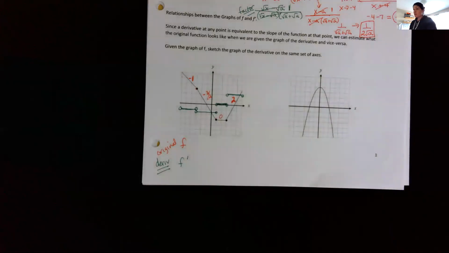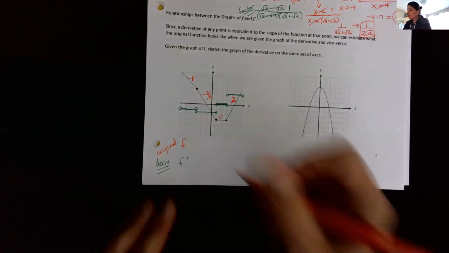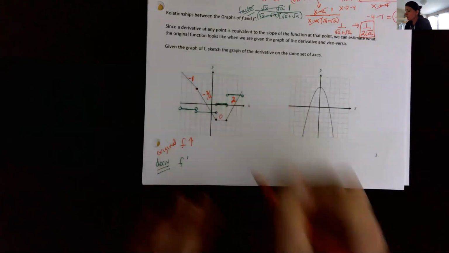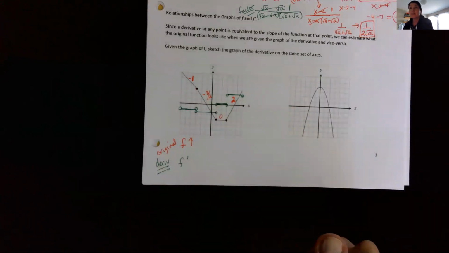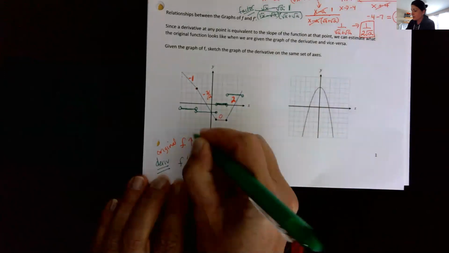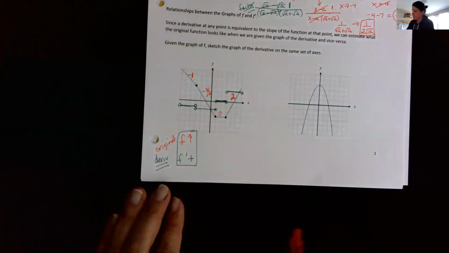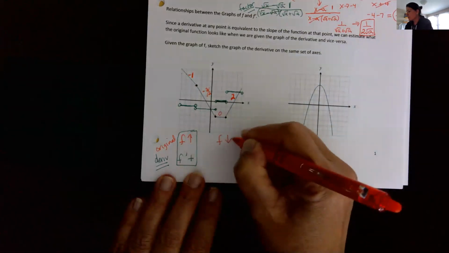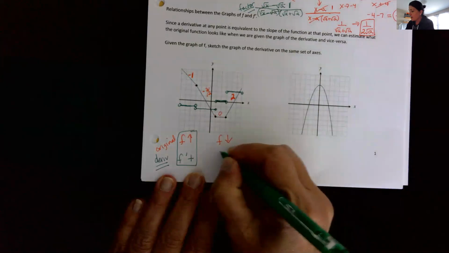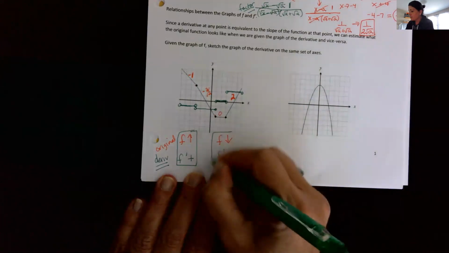Okay, there's our relationship. If the original f is increasing, f prime is positive. If your original f is decreasing, f prime is negative.